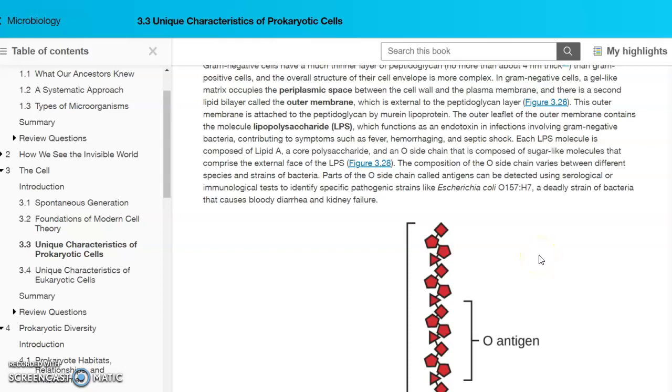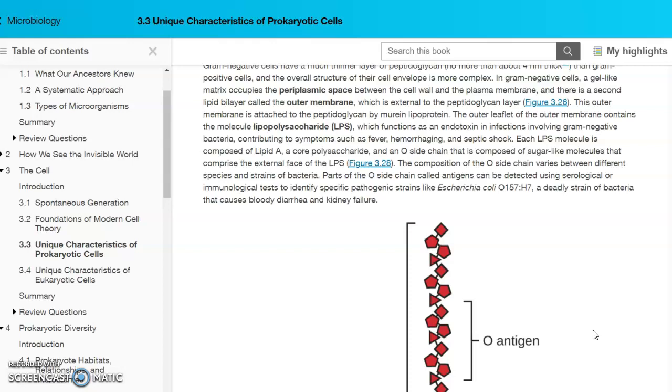For instance, E. coli, Escherichia coli, we hear a lot about E. coli in the news, and typically when we hear about recalls involving meat, it's E. coli O157:H7. And O157 there refers to the particular type of O antigen.